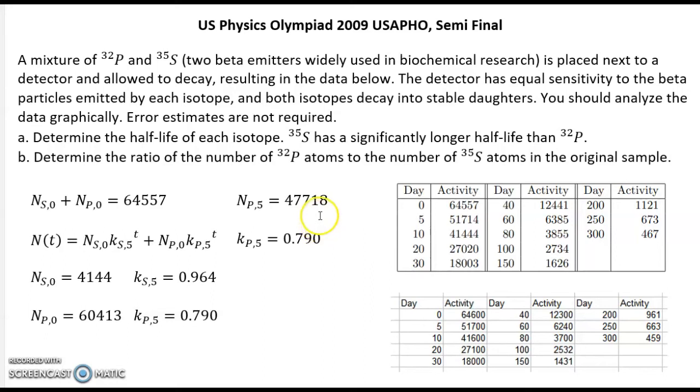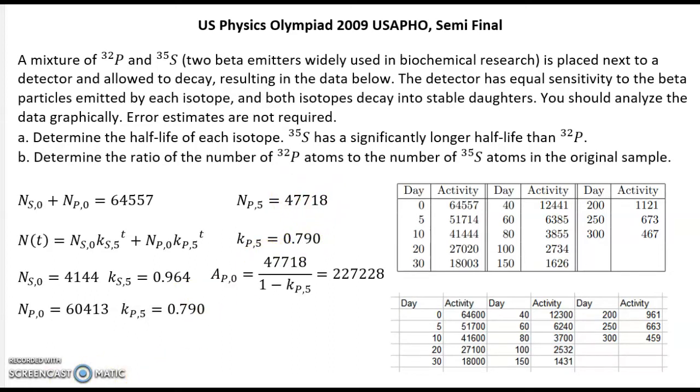So we just need to divide this amount by this amount. That will be this amount, which is about 227 thousand elements.